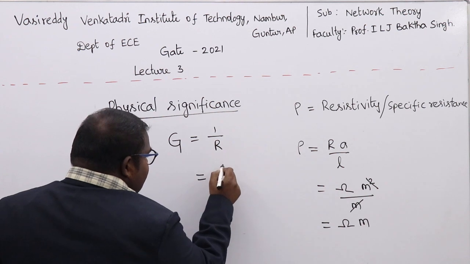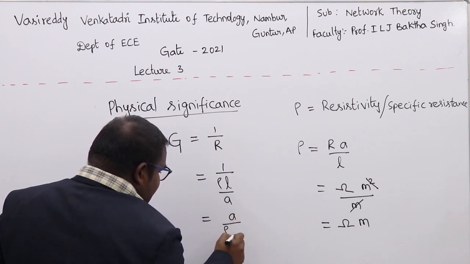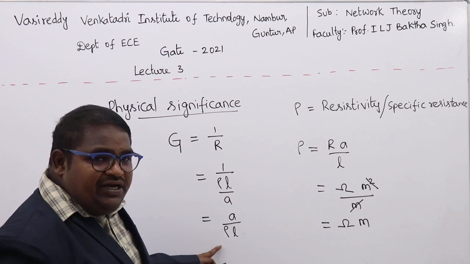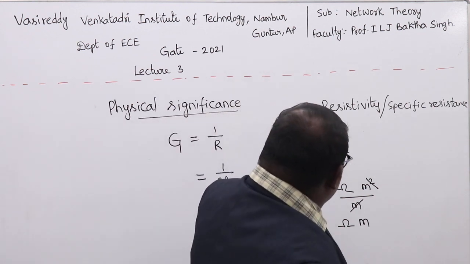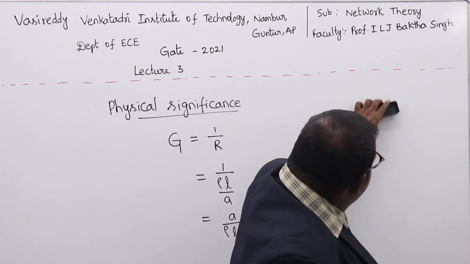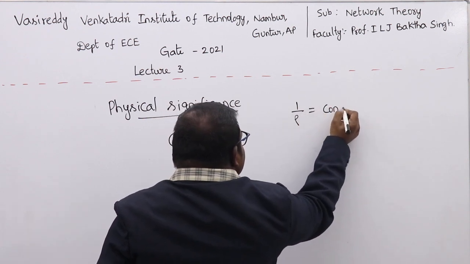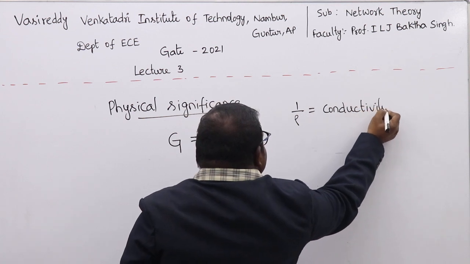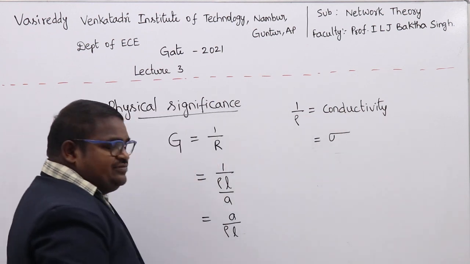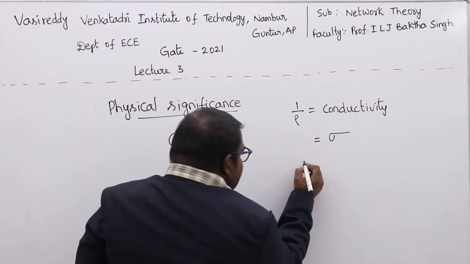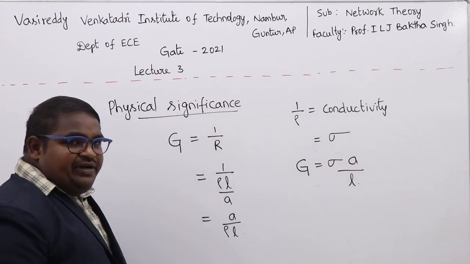We know that R is rho L by A, so G is A by rho L. Here rho is specific resistance or resistivity, and 1 by rho is called conductivity, which can be represented by sigma. Hence, G is equal to sigma into A by L.